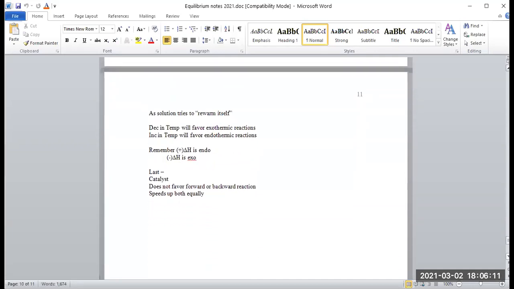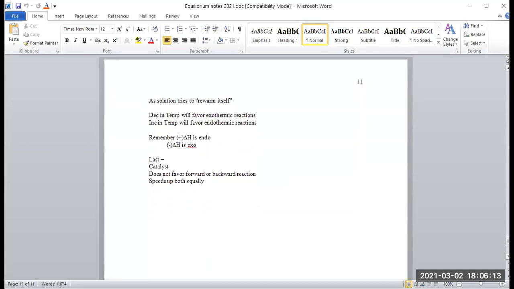That brings up one last bit, okay? Catalysts. Now, we saw catalysts in the last chapter. We saw that your kinetics will give you faster rates based upon adding the catalyst, which tends to make people think, ooh, well, that means it's going to go forward.